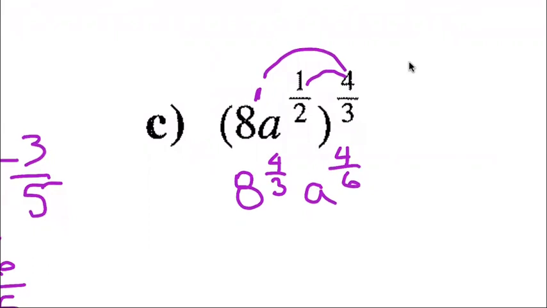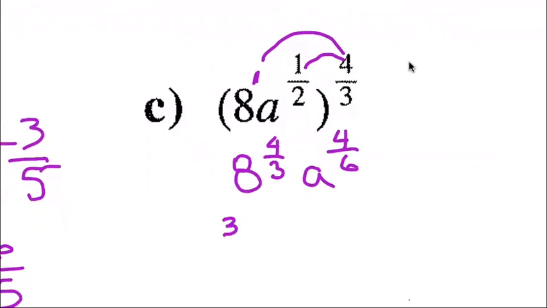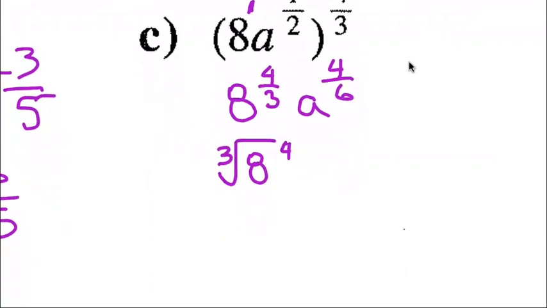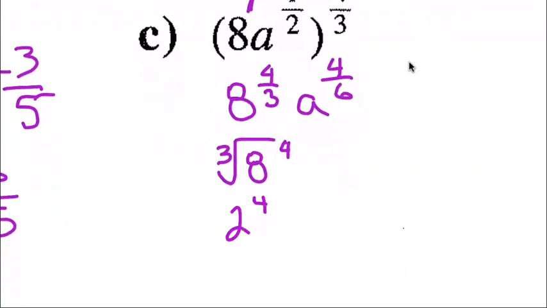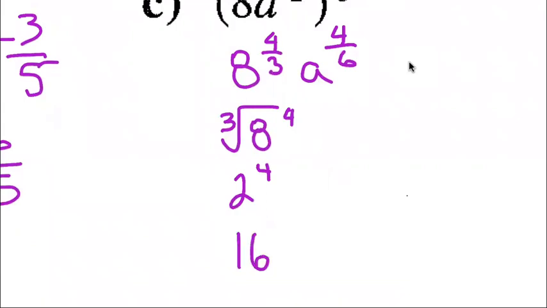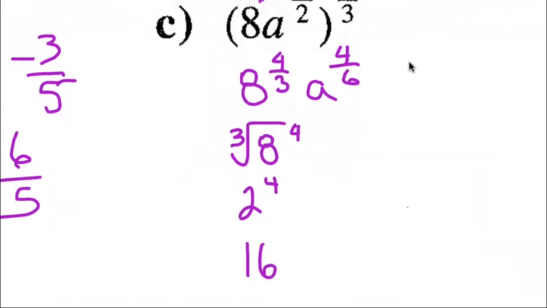Beautiful. 8 to the power of 4 over 3 is the cube root of 8 all to the 4th. Cube root of 8 is 2 to the 4th. 2 to the 4th is 16. A to the power of 4 over 6 is a to the power of 2 over 3, which is the cube root of a squared.